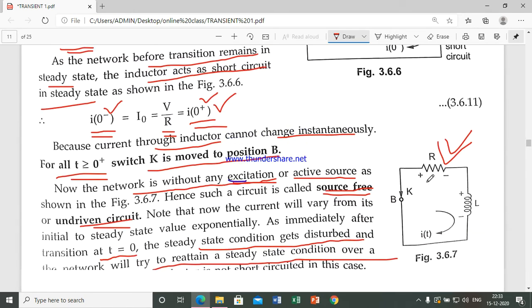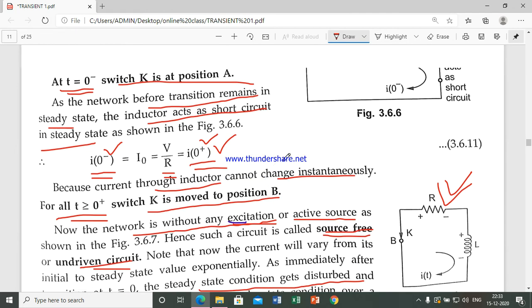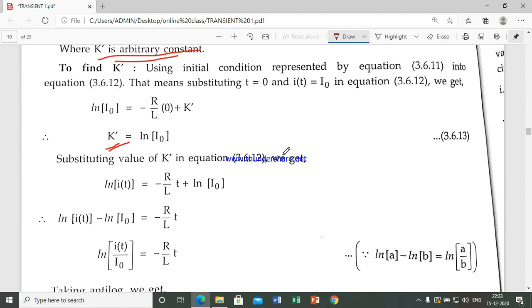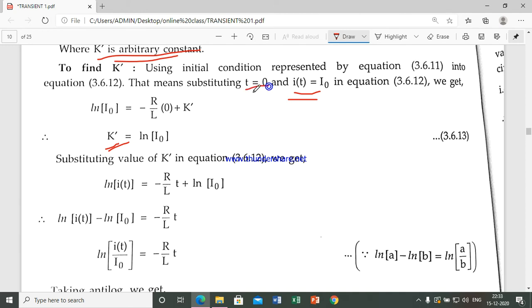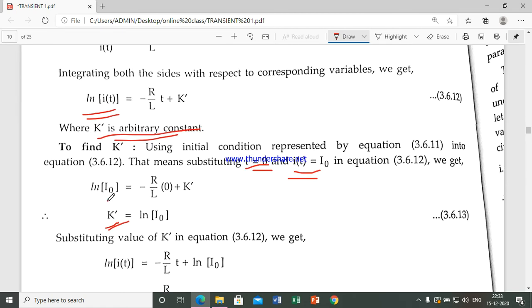You can observe: i(0-) equal to i(0+) equal to I naught, that is V by R. I will substitute that here. At t equal to 0, i(t) will be I naught. You can substitute i(t) as I naught and t as 0 in the expression, plus k dash.